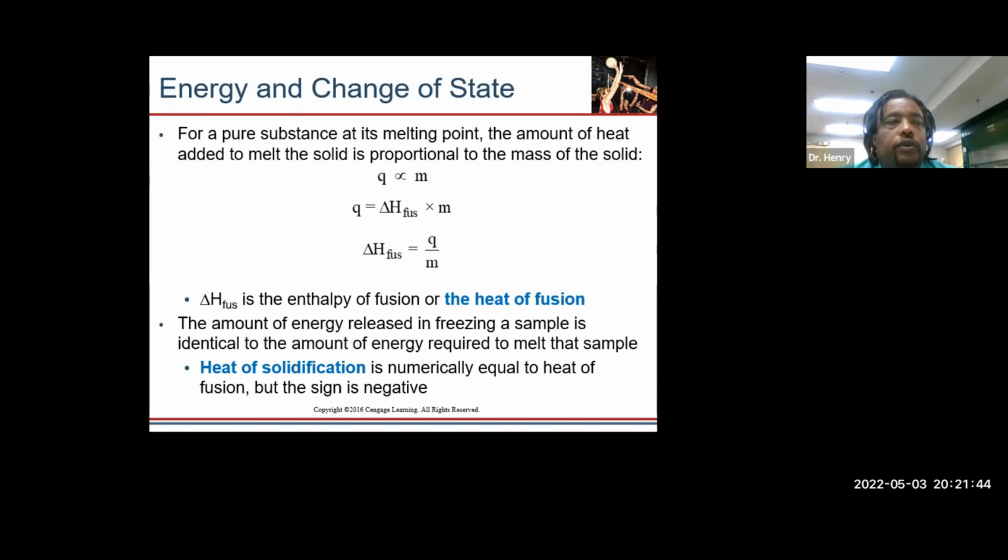Okay, so the heat of fusion is going to be delta H fuse times mass is equal to Q. Same concept, exactly the same thing. No, I'm sorry.